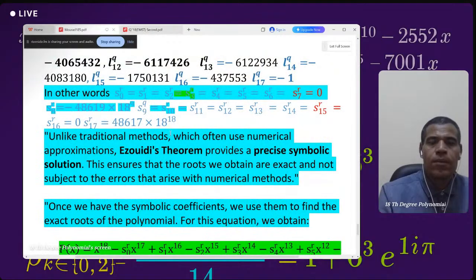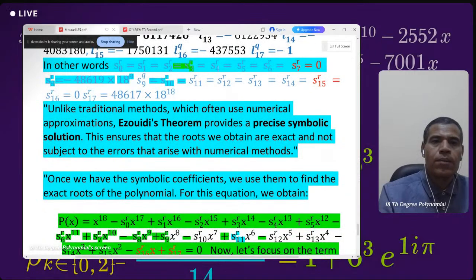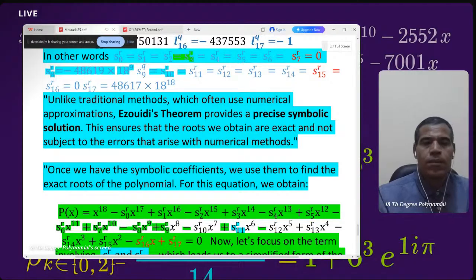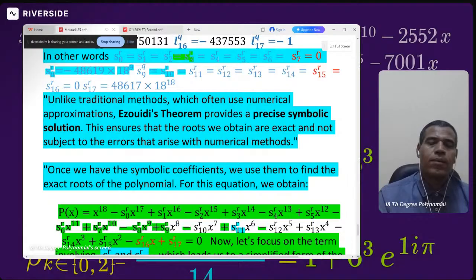It contrasts so sharply with the brute force approach of numerical methods, which would treat every single original coefficient as just an independent value to be approximated and carried through. Where they wouldn't see this cancellation effect. Probably not. The theorem instead seems to reveal how these coefficients are inherently linked through this recursive structure, and in this specific case, many of them systematically cancel out, leading to this profound simplification.